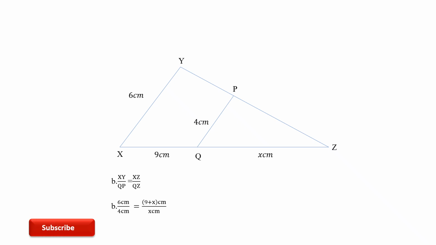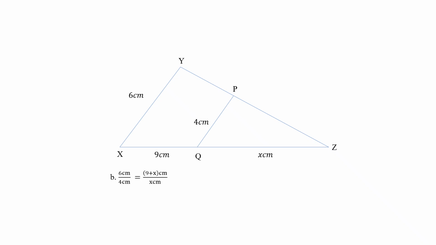You need to be able to solve that equation simply by cross multiplying. If you cross multiply the denominator and the numerator, you're going to get an equation which reads 6x is equal to 4 multiplied by 9 plus x. Then if you expand 4 into that bracket, you get 6x is equal to 36 plus 4x.